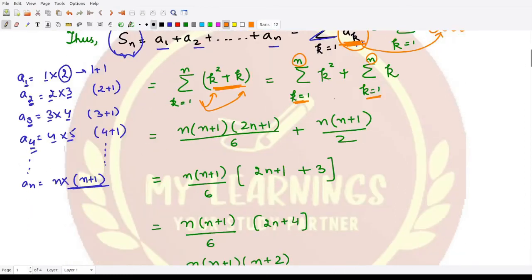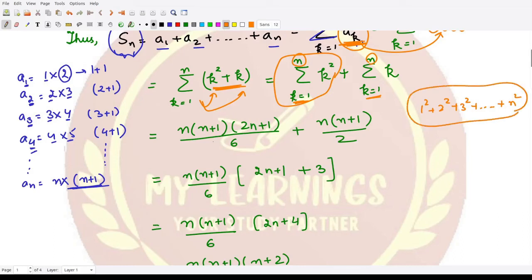Now what is this particular term? This is the sum of squares of the first n natural numbers. So it is 1 square plus 2 square plus 3 square, and we go up to the nth term. We know the formula for this: n into n plus 1 into 2n plus 1 divided by 6.